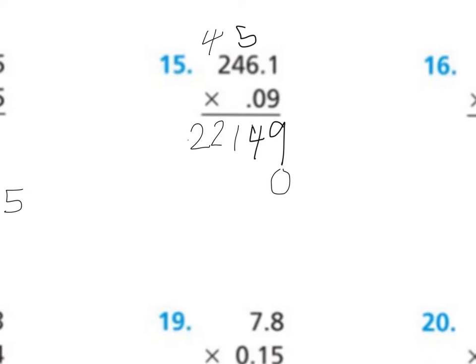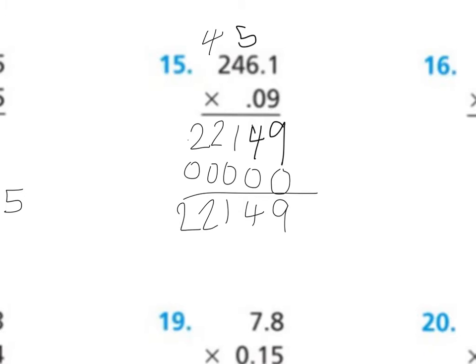Placeholder. Oh, and all of these are zeros. 0 times 1, 0 times 6, 0 times 4, 0 times 2. So I can actually put zeros all down here. 9, 4, 1, 2, 2. Technically you could say I didn't really need to do this step. I'm doing it for visual purposes right now.